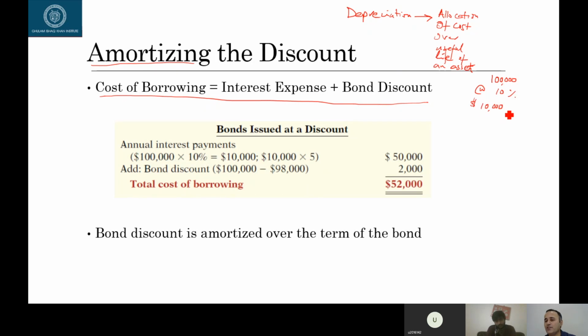If it's a 5 years bond, you multiply it by 5, so the interest expense alone is $50,000. But you also give a discount. Discount is just like your expense, so your total cost of borrowing is actually $52,000.